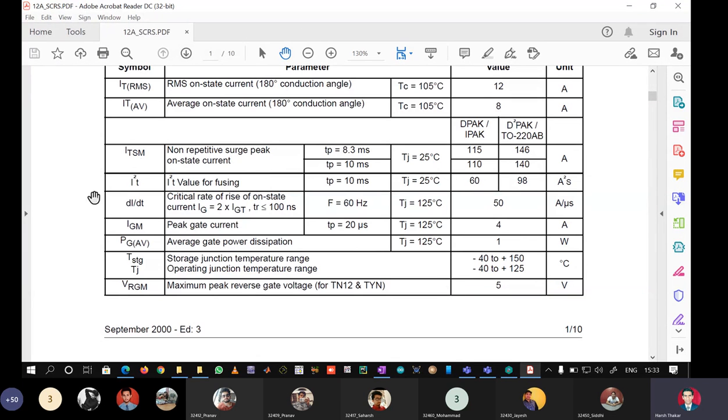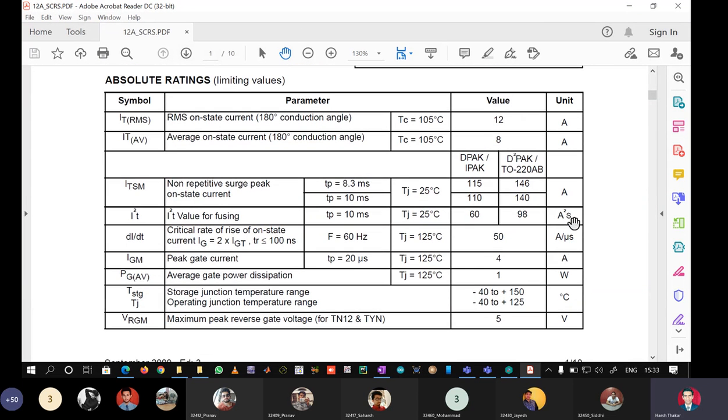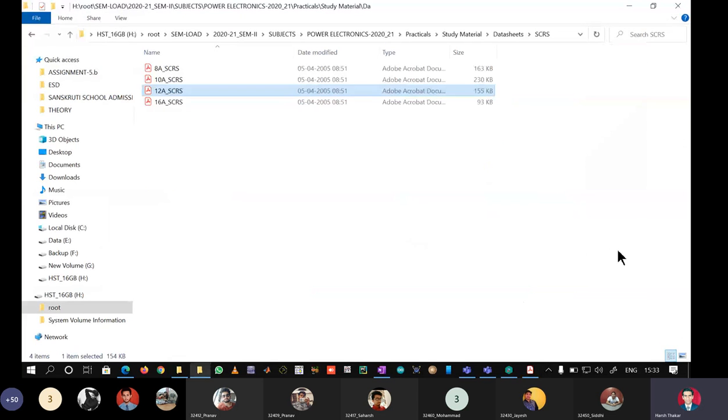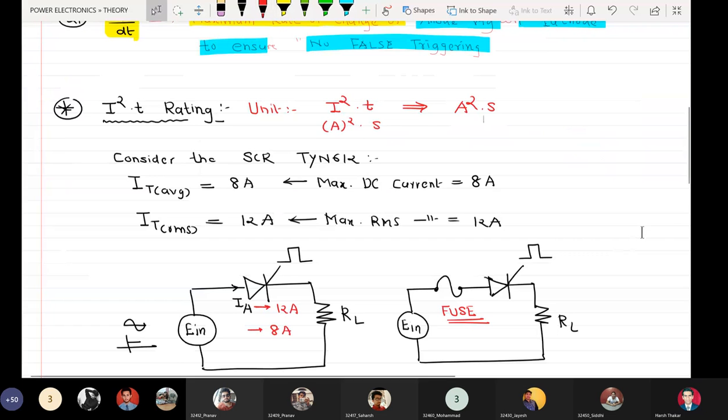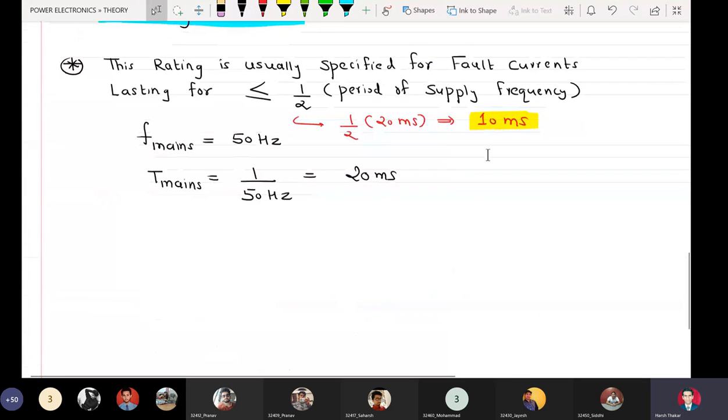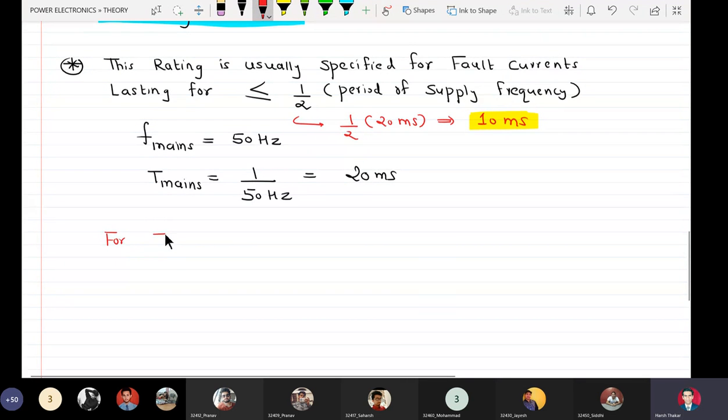It's very clear. It is written here. It is 60 to 98 ampere square second. Okay, approximately 100. So typical values are like 100 ampere square second. So we can write here, for TYN 612, the I square T rating is approximately 100 ampere square into second.